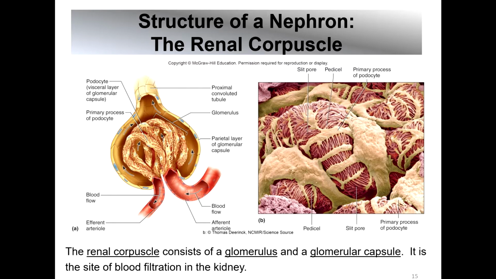Water, nutrients, and wastes will be pushed through filtration slits into the capsular space, and here it's called filtrate. It's not blood technically, it's filtrate that has been pushed out of the glomerulus into the capsular space. And from here, that filtrate moves into the proximal convoluted tubule, or PCT.